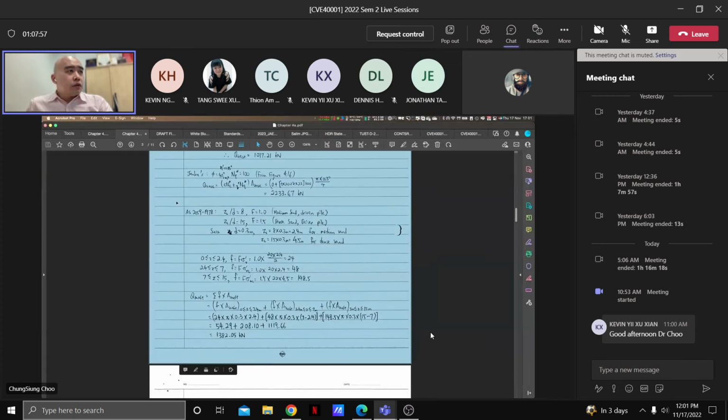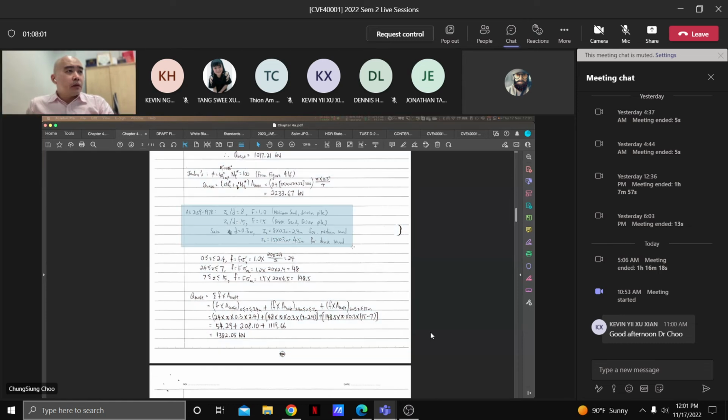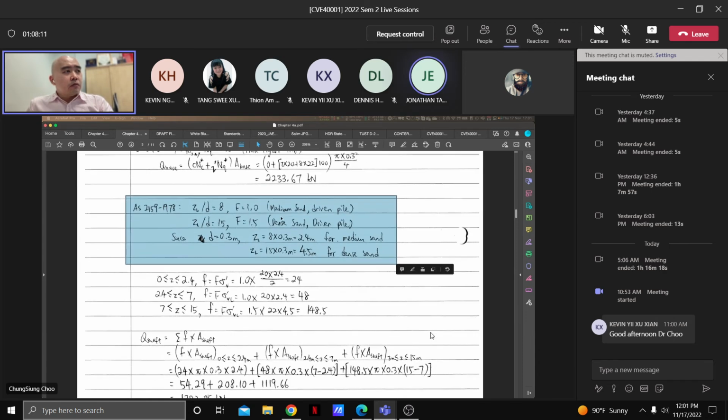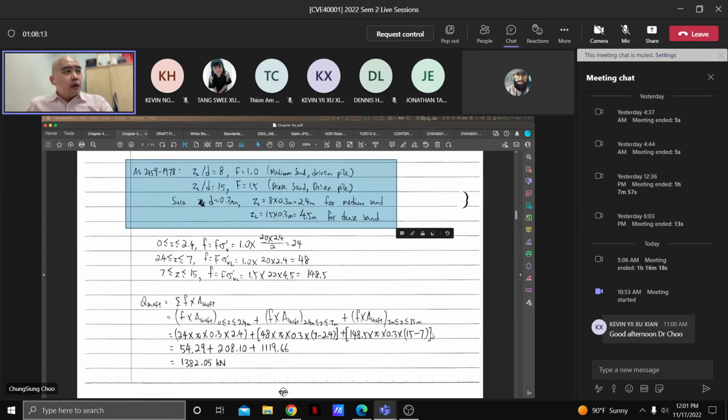Now, you just focus on, we start off from here. This one is the F and the ZL, the limiting depth values depending on the sand. This is for the top 7 meters, then this is the dense sand from 7 to 15 meters. So the calculation of the limiting depth is 2.4 and then 4.5.